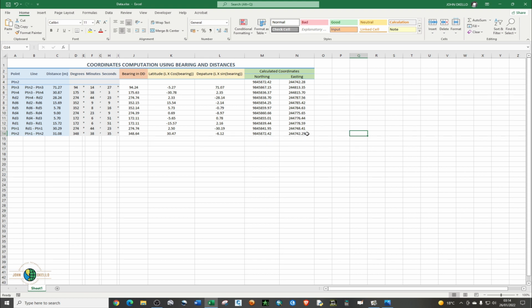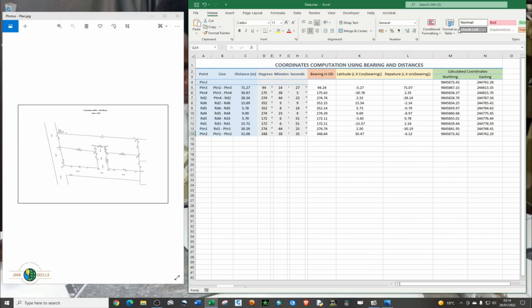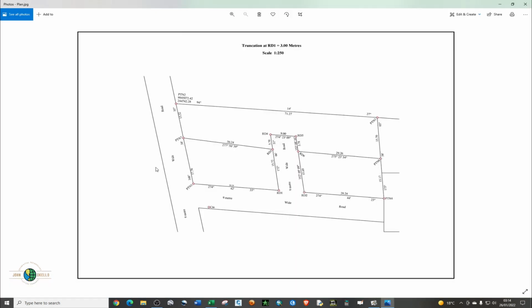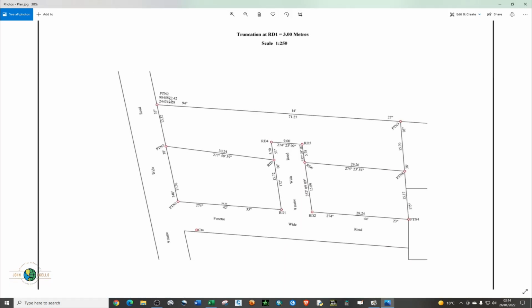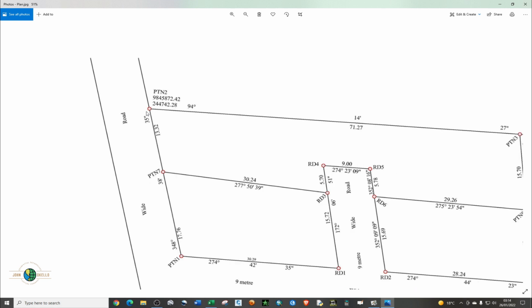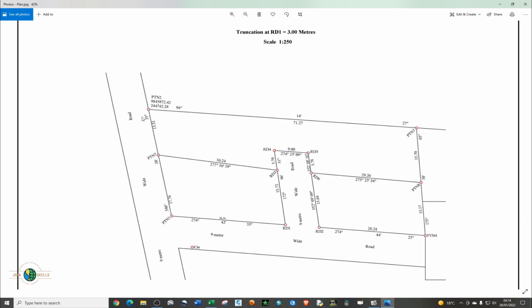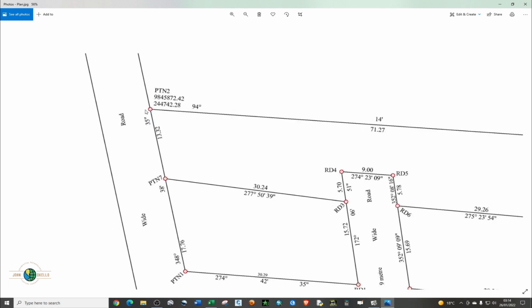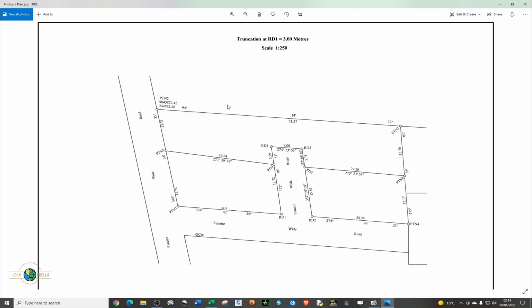I told you we're going to close the loop, to check if our calculation was correct. So we have moved from PTN 2 all around PTN 3 to PTN 4, RD2, or that to RD1, PTN 2, and we've just gone back to PTN 2.